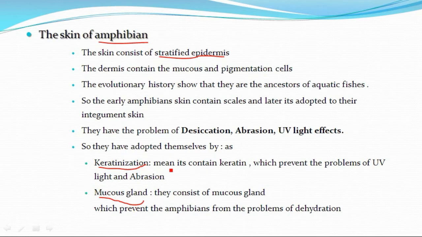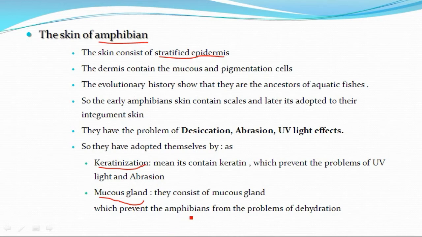Keratinization means that the skin consists of keratin. In fishes and other vertebrates which we studied before, there is no keratin present in their body. In amphibians, keratinization occurs, meaning the presence of keratin. The keratin is helpful in protection from abrasion and ultraviolet light, because it gives hardness to the skin of the amphibian.